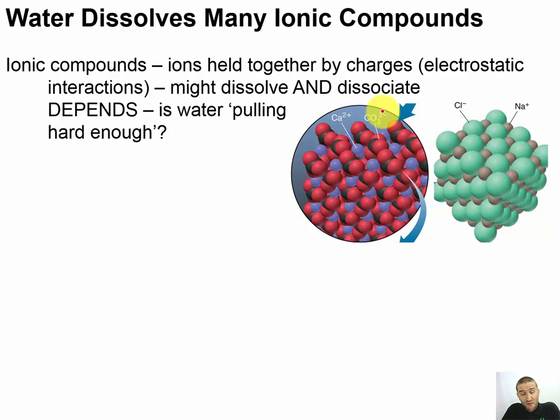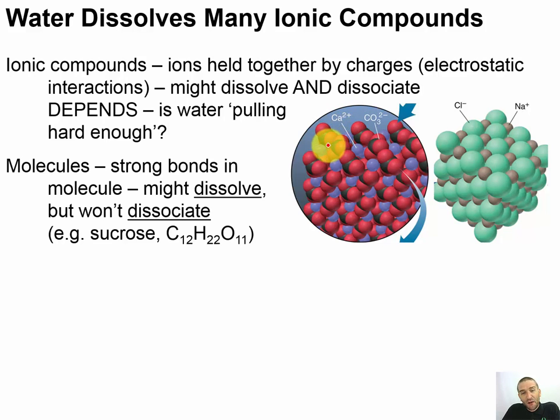That makes it harder for it to be dissolved and dissociated. And that means it's less likely to pop loose. The water molecules can't coordinate to pull tightly enough. Now, if I heat it up, I can probably get the calcium carbonate to start dissolving. That happens in your hot water tank. But maybe it won't. It all depends on what exactly the ions are and some of the other forces that will be at play.